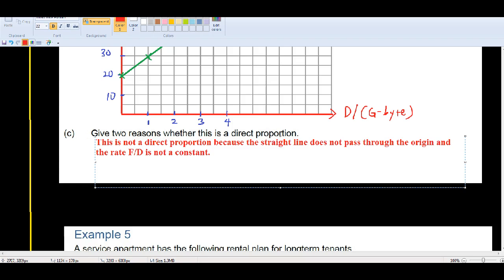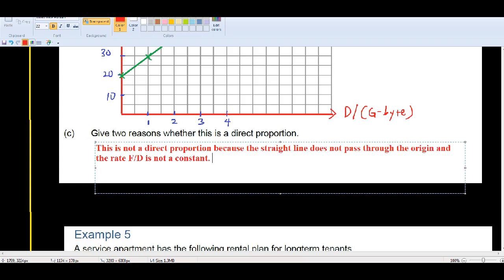We know that delta F over delta D is constant, but not F over D.